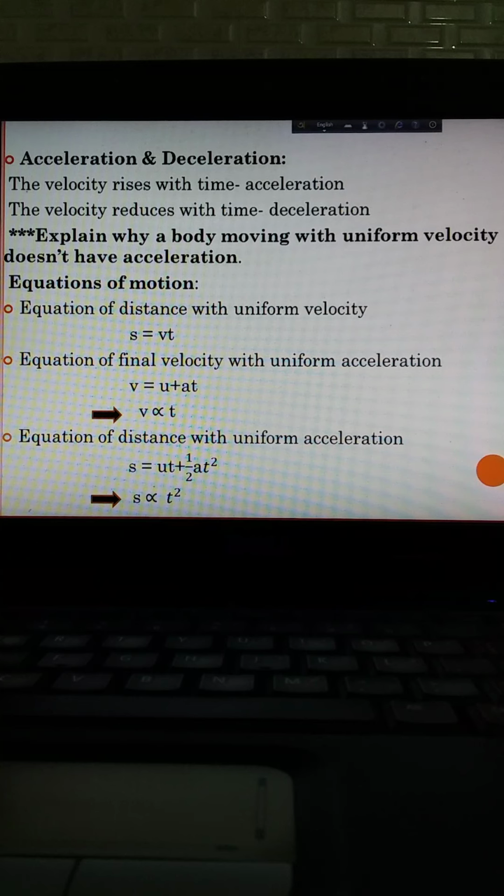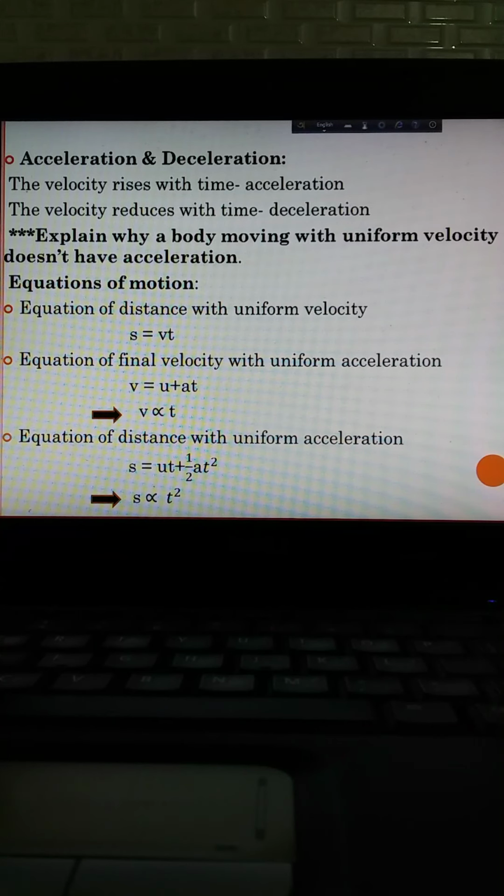Then in this chapter, one most important thing is equations of motion. We have known about motion, different kinds of motion. Then we have to know about equations of motion, because these equations will be used in mathematical type questions as well. I also want to add one thing here.